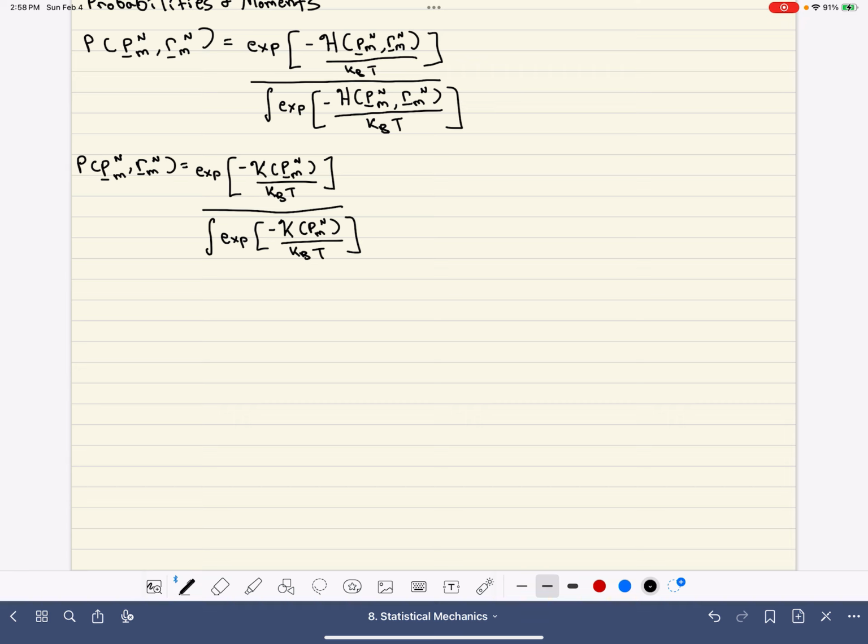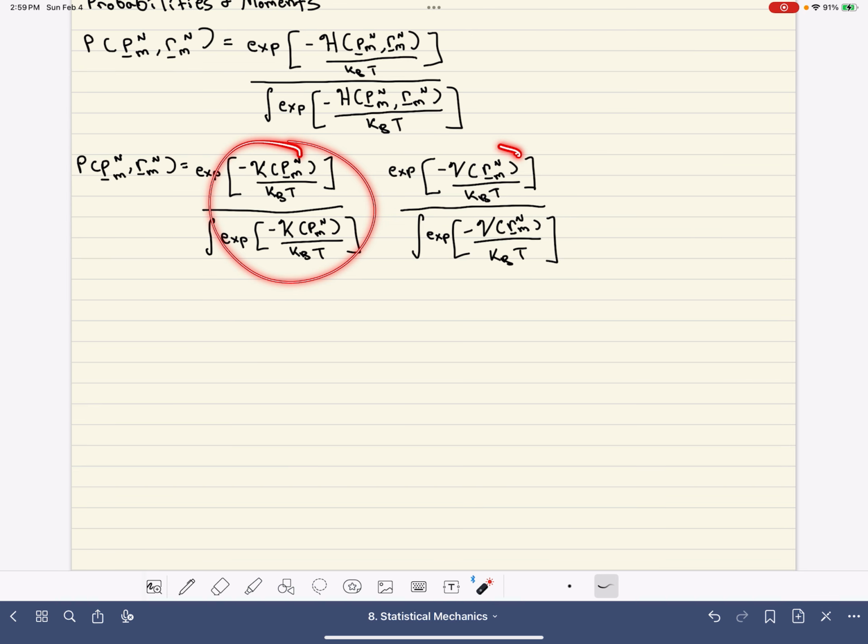And then we have the potential term, over kBT, divided by the integral of the potential over kBT.